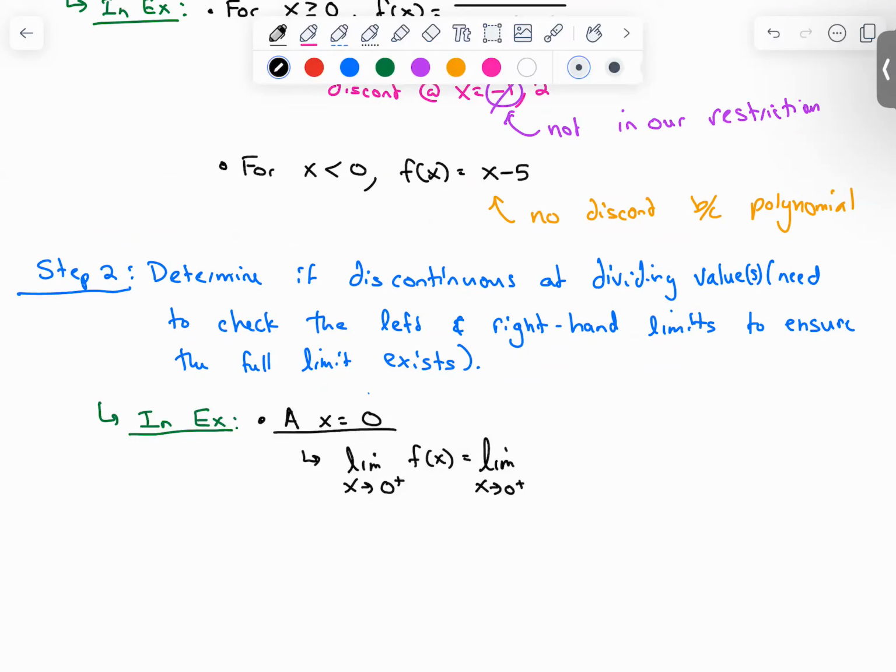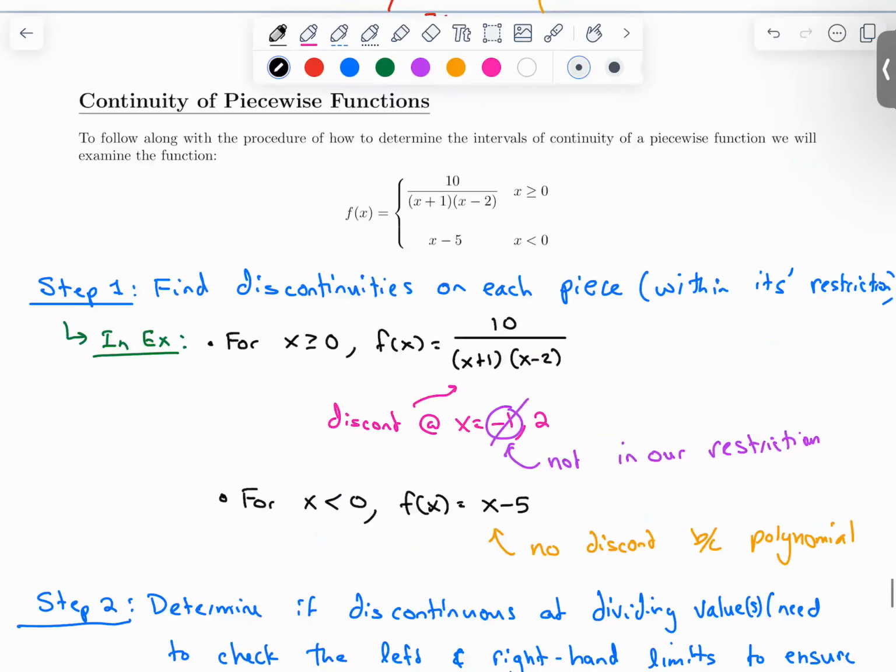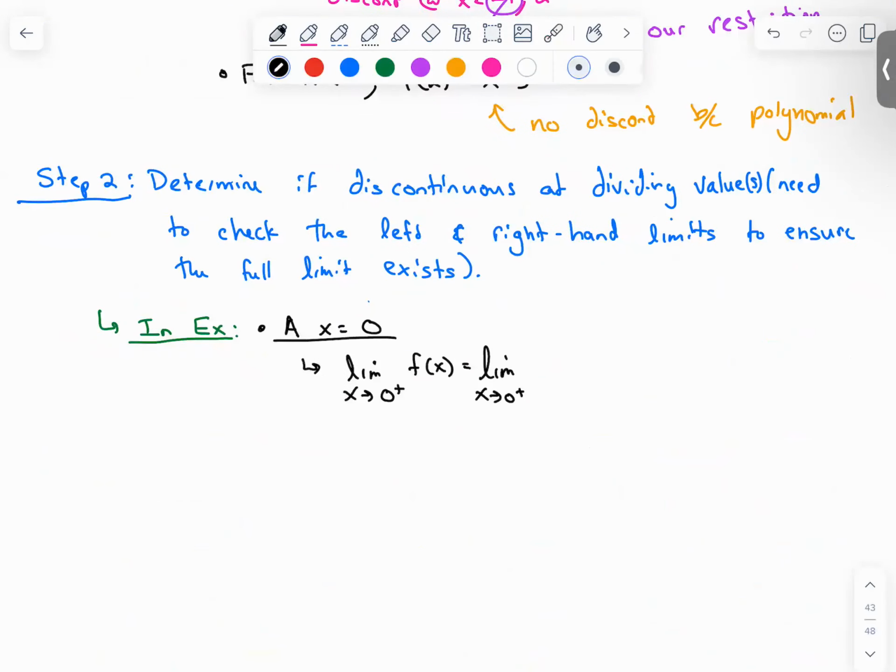When our values approach 0 from the right, we're talking about values slightly larger than 0, the top function, because we're equal to this function for values greater than or equal to 0. So this will be 10 over x plus 1 times x minus 2.